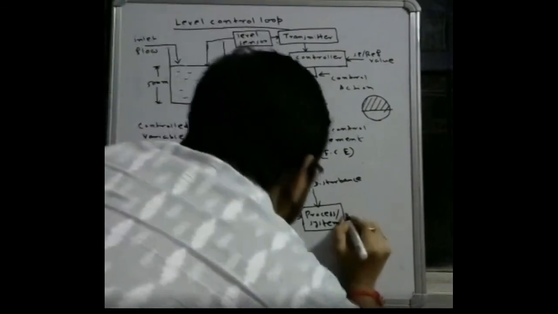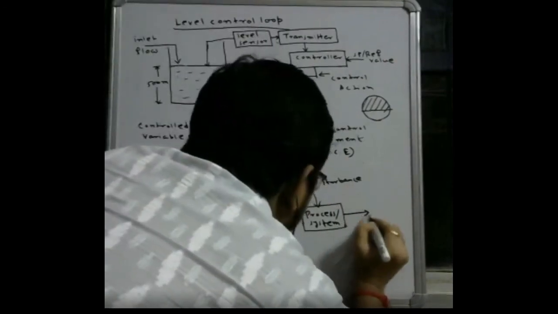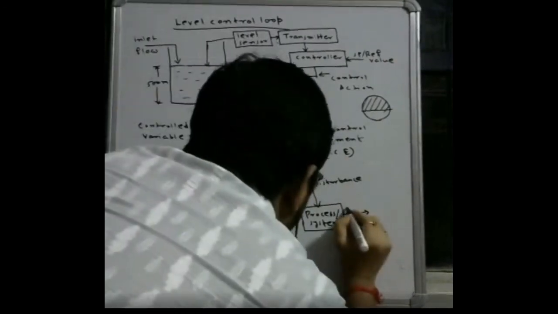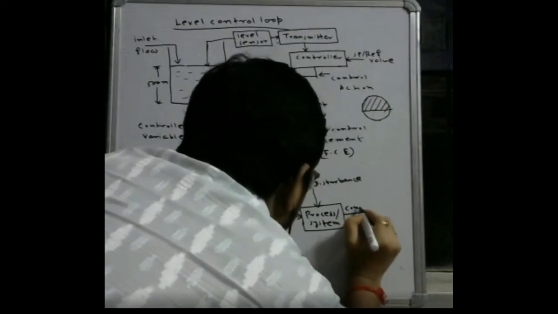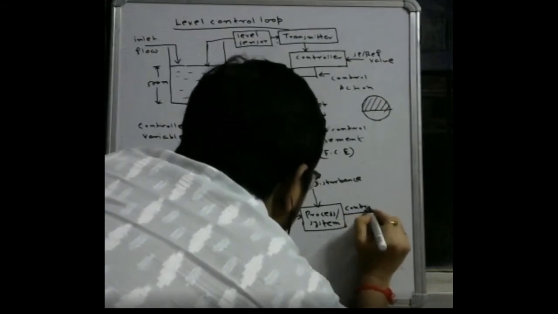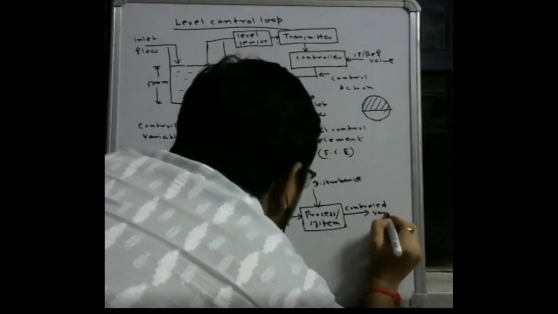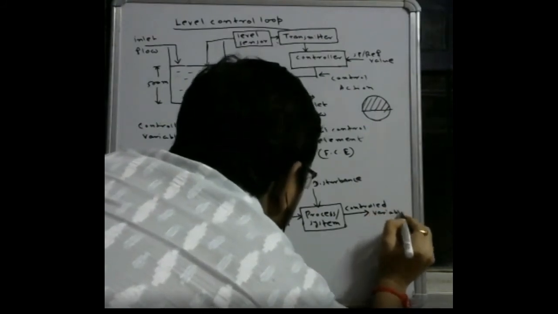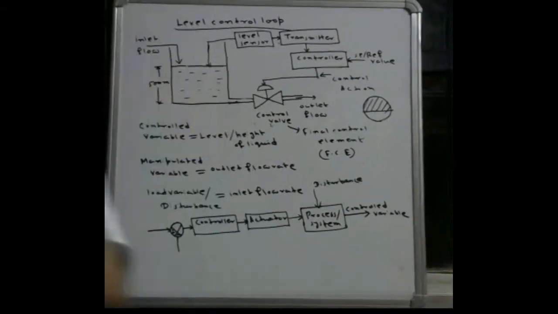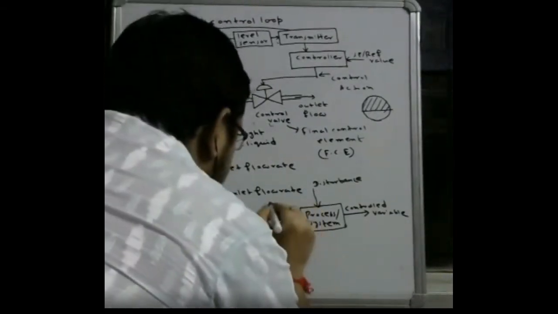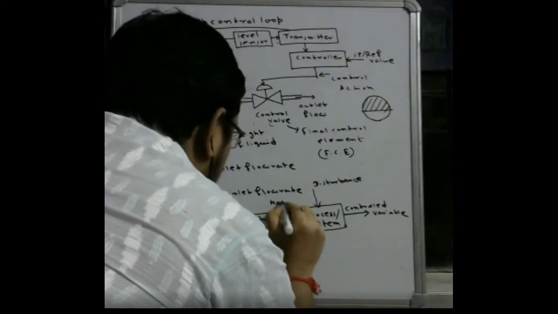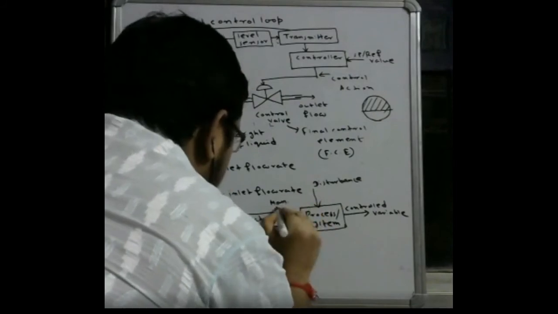This term is actually generating the deviation of the control variable. This one is the manipulated variable.